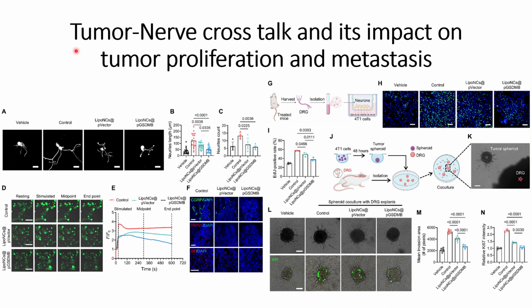In this video, we will discuss tumor nerve crosstalk and its impact on tumor proliferation and metastasis. In the previous video, we understood the mechanism of how the antitumor efficacy is triggered when Lipo-NC-pGSDMB is injected into the bone cancer cells, that is 4T1.